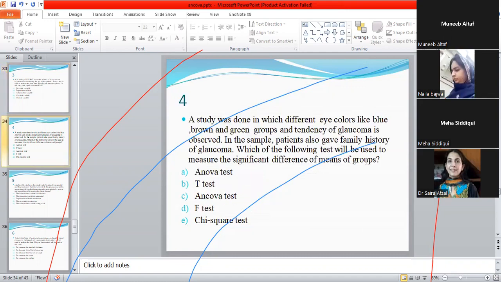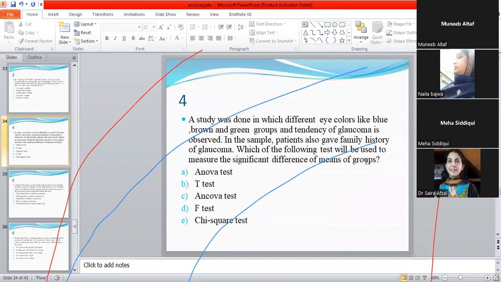Question number 4. A study was done in which different eye colored groups, like blue, brown, and green, and the tendency of glaucoma is observed. In this sample, patients also gave a family history of glaucoma. Which of the following tests will be used to measure the statistical difference of means of the groups?